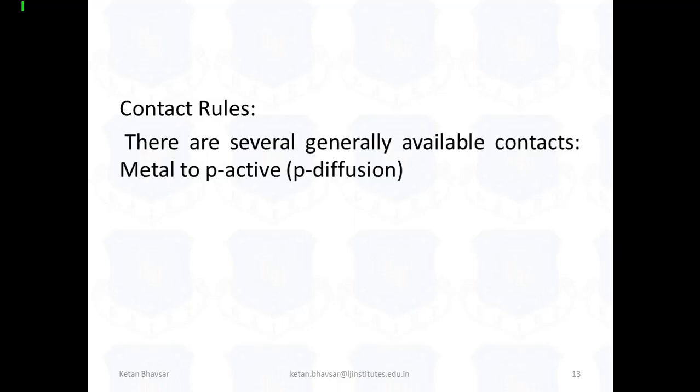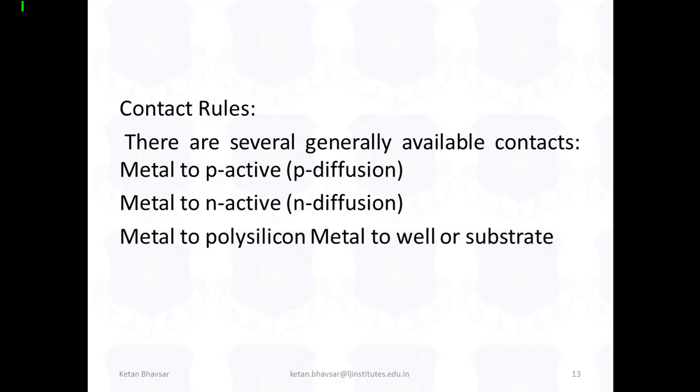There are several generally available contact rules for metal to P active or P diffusion, and metal to N diffusion, as you already saw in the previous slide. Also we have metal to polysilicon, and metal to well, meaning the region or substrate. So these are the certain rules for the contact.